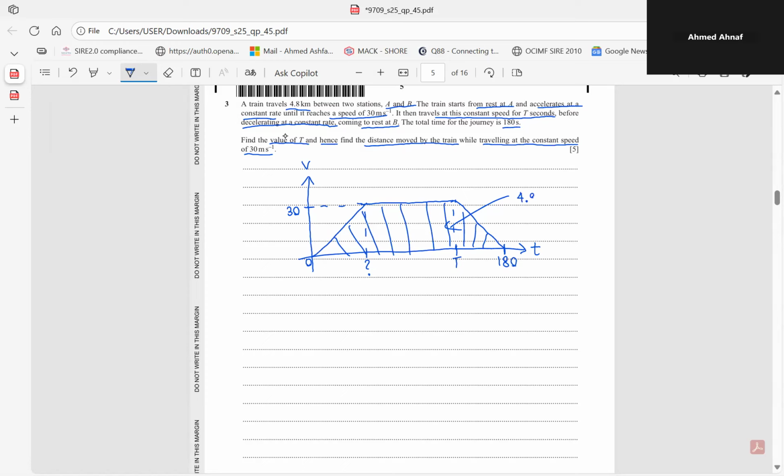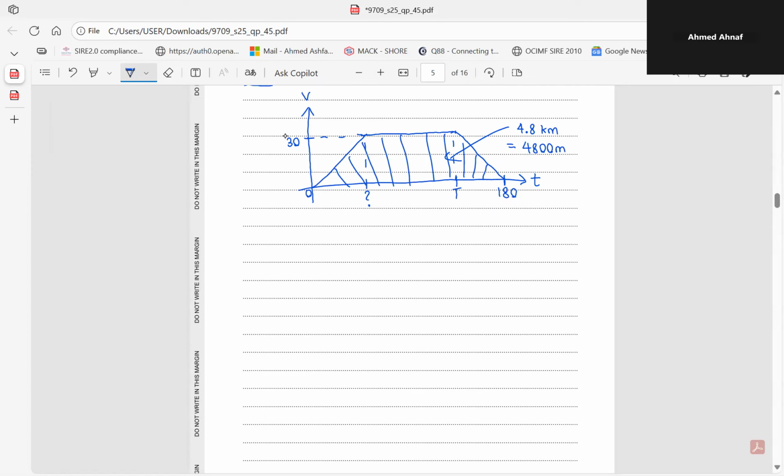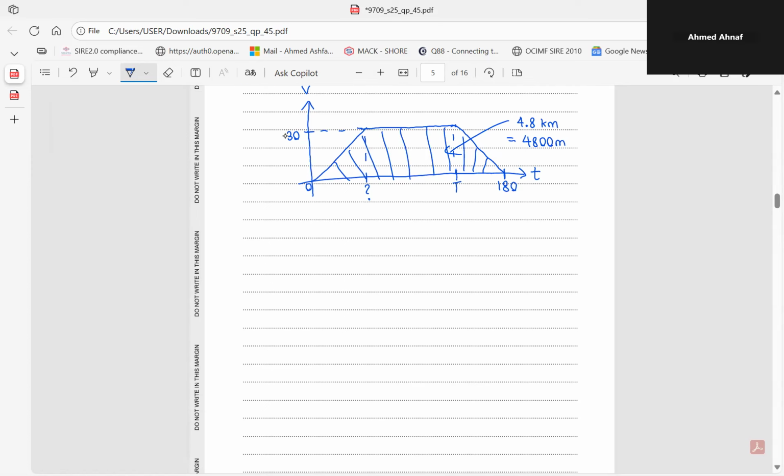So this is 4.8 kilometers, and since our speed is in meters per second, we should change it to meters by multiplying by 1,000. So this would give you 4,800 meters. Now we're just going to find the area of the whole graph and equate it to this. This is a trapezium, so it's half times the sum of the parallel sides. We don't know this.